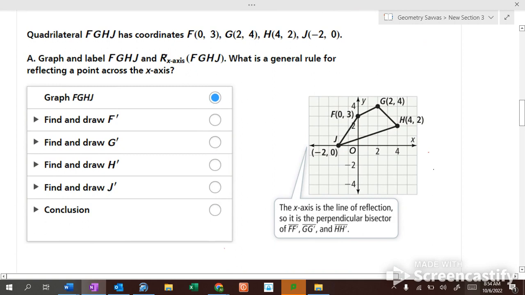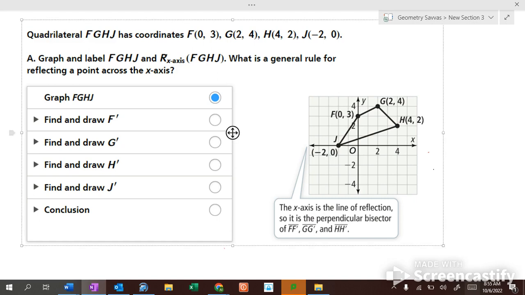So, a lot of times we're going to flip across the x-axis or the y-axis. When we flip across the x-axis or y-axis, we need to list the new ordered pairs. Okay? If we're flipping across the x-axis, they want F prime first. It's at 0, 3.